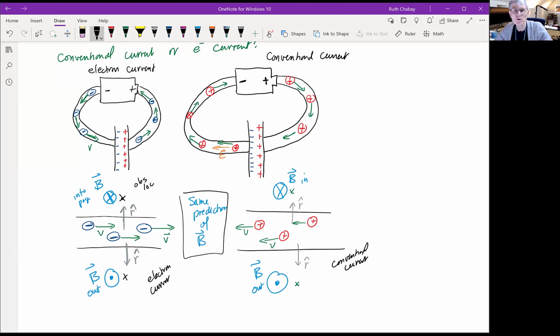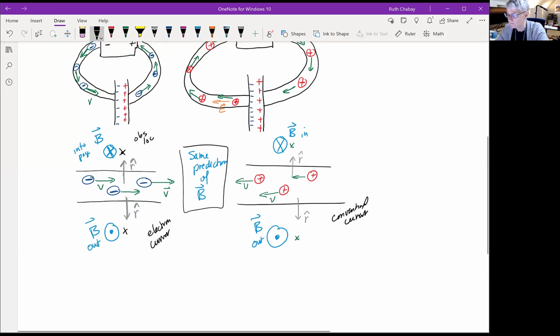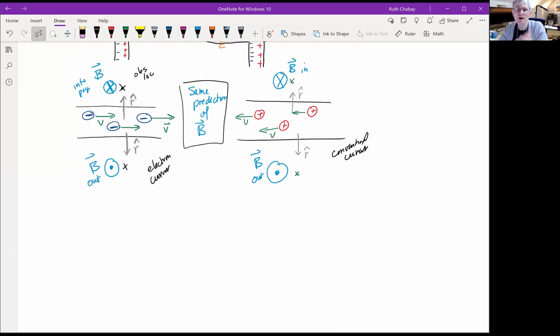So we will typically work with conventional currents. So our equations for magnetic field of current carrying wires will work with conventional current.